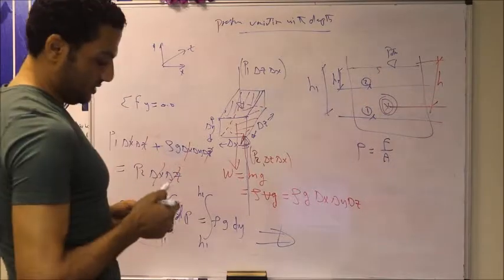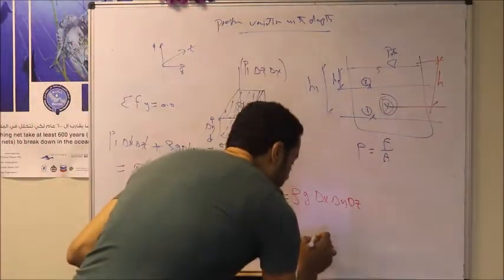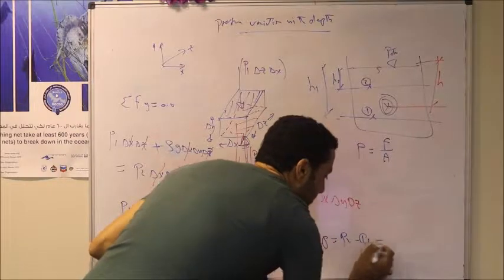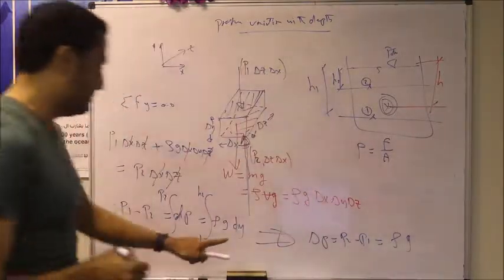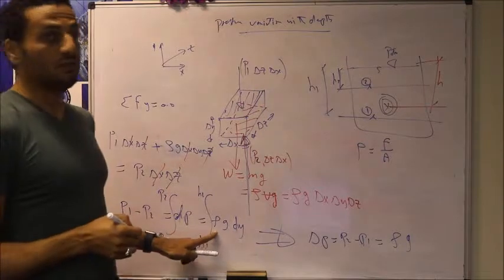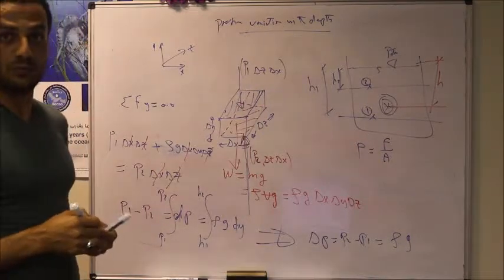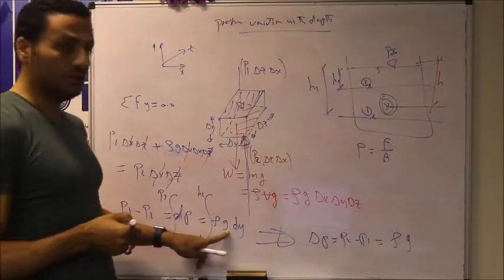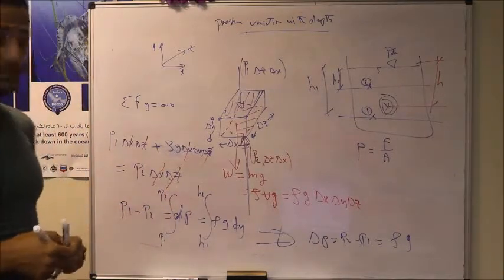So in this case we can calculate the pressure difference between any two points in a static fluid, delta P, which is equal to P2 minus P1, will equal rho g, where rho is the density. We are talking about a static incompressible fluid. Incompressible means the density is constant, and gravitational acceleration is constant, so we can take them outside.